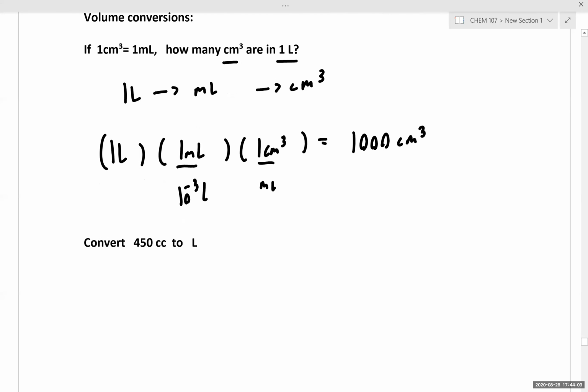I'd like everyone to take a moment to make sure they're familiar with these volume conversion factors. I'd like you to convert 450 cc's, cubic centimeters, into liters, keeping in mind a centimeter cubed is equal to a milliliter, which is equal to a cc.